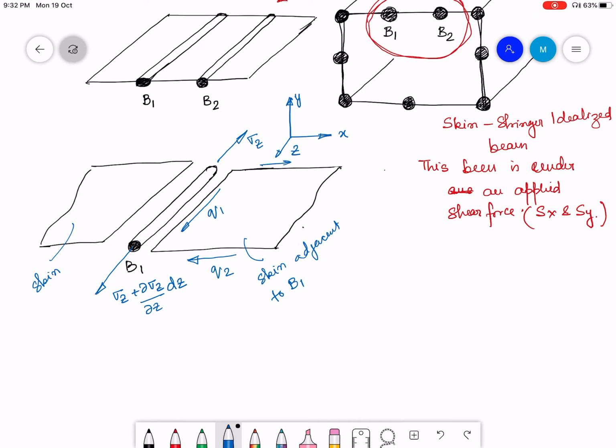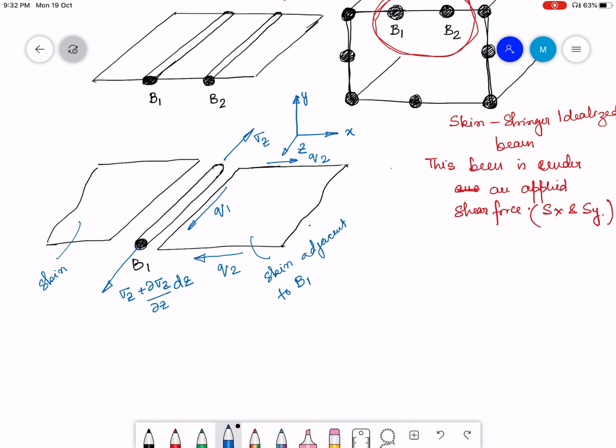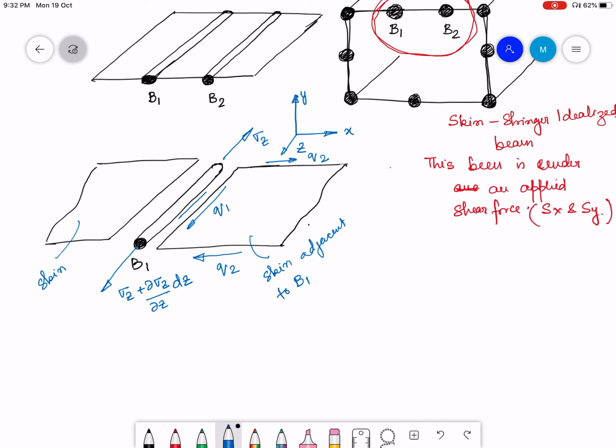Since Q1 is acting on the skin, an equal and opposite Q1 is going to act on the side of the boom. Similarly, I will have Q2 here.